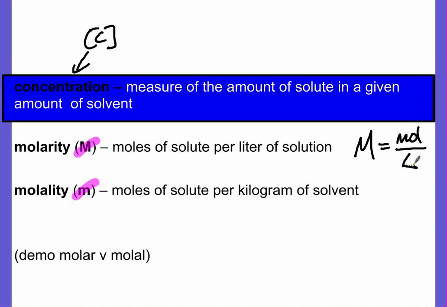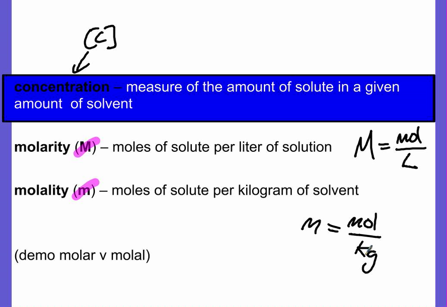Molality, though, is moles of solute per kilogram of solvent. So it's similar, but it's actually technically different. So you're going to have a little m that's equal to moles divided by kilogram.